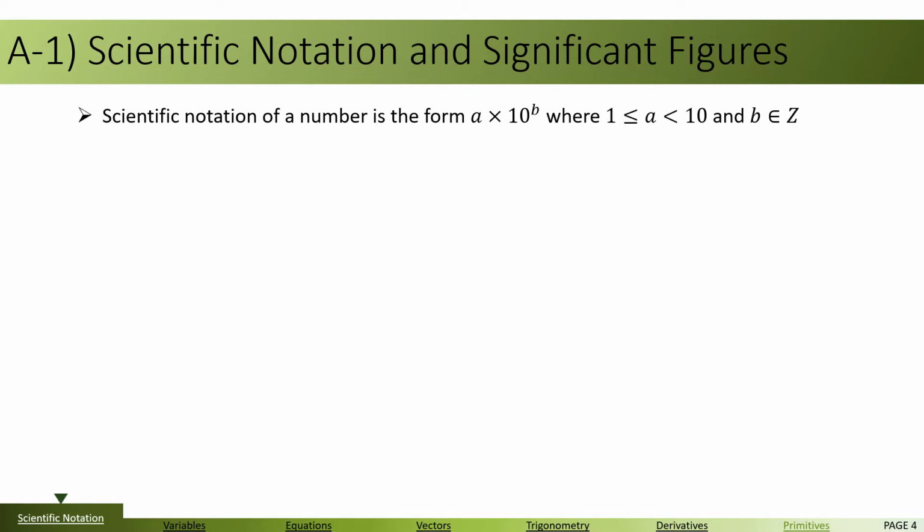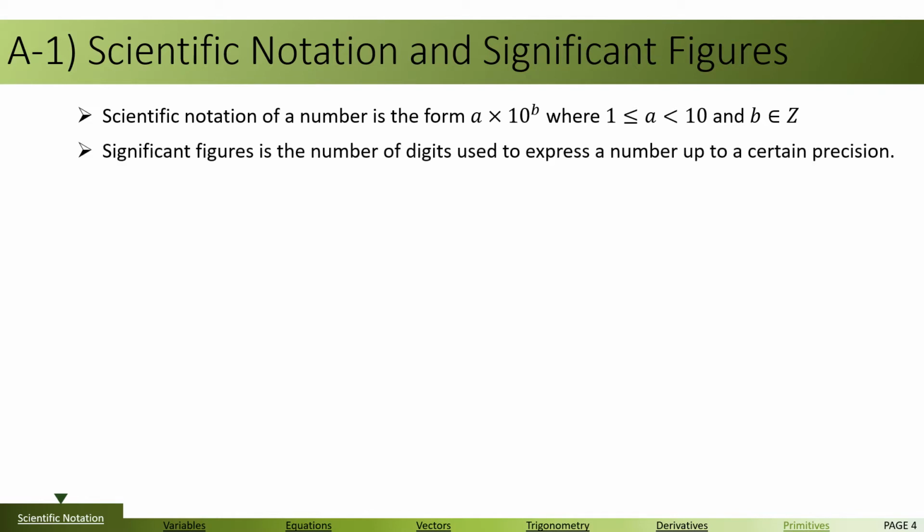Scientific notation is simply when a number is written in the form of a times 10 to power b, where a is any number between 1 and 10, and b belongs to Z, it's an integer. On the other hand, significant figures is the number of digits used to express a number up to a certain precision.